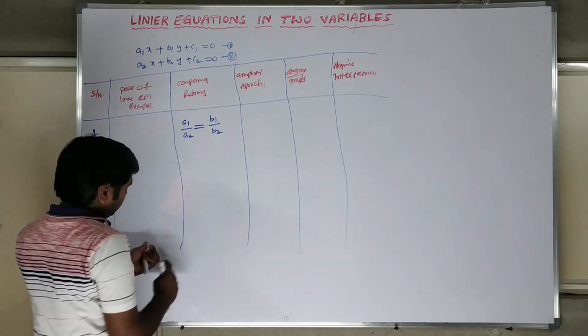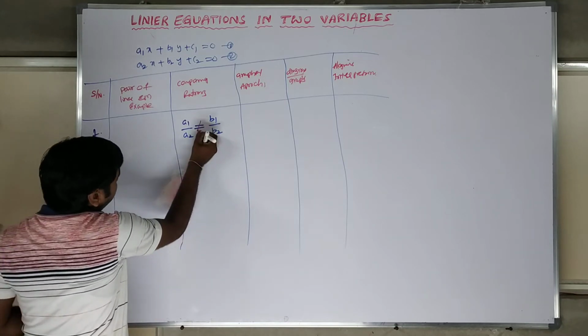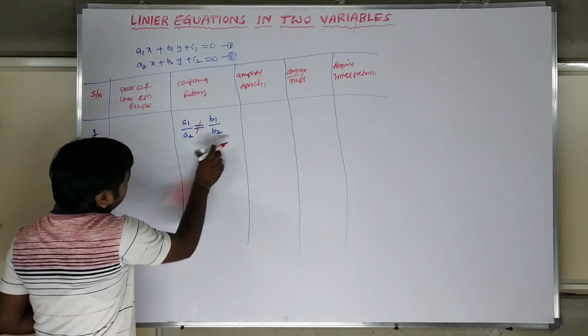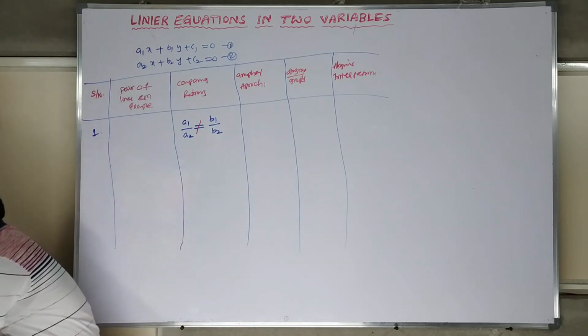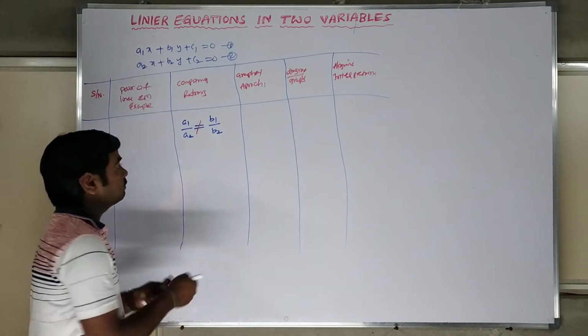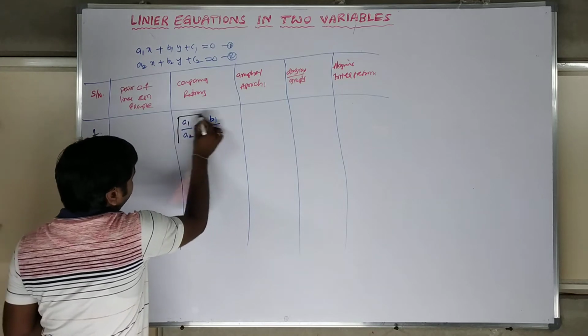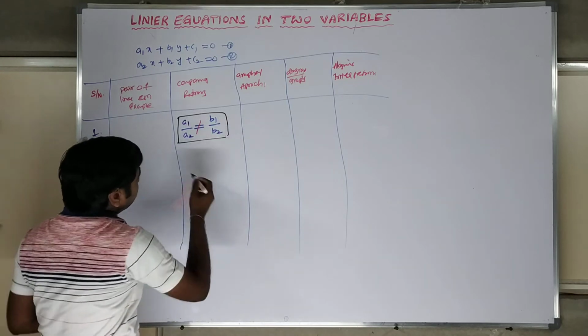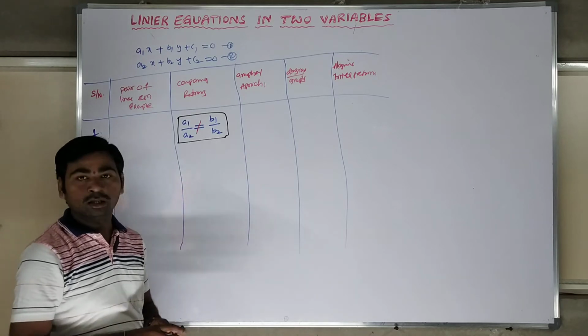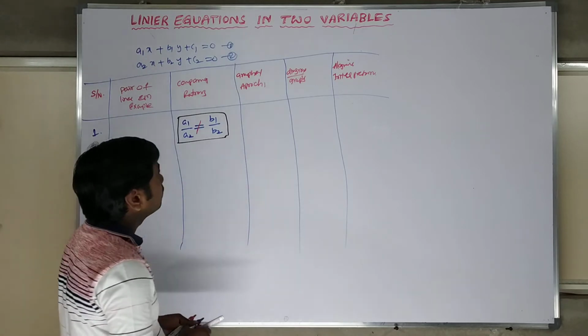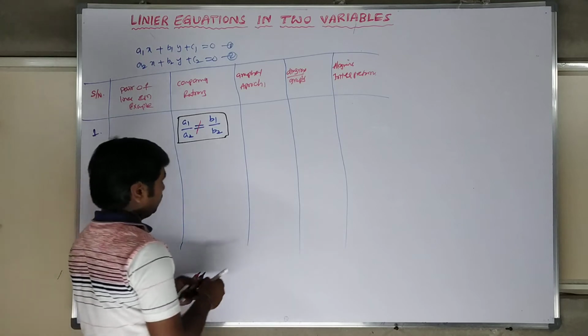If a1 by a2 is not equal to b1 by b2, that is the first condition. How the graph will come is intersecting lines. So the graphical approach is intersecting lines.